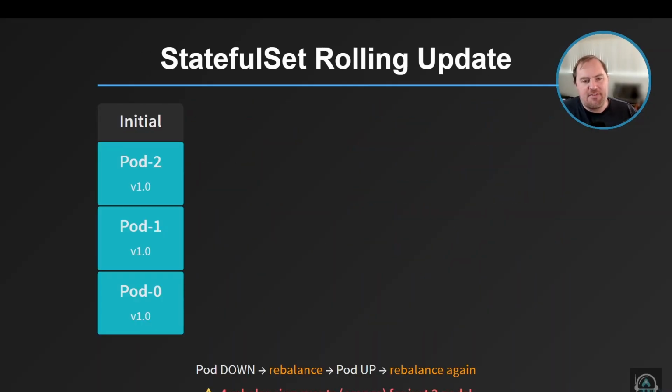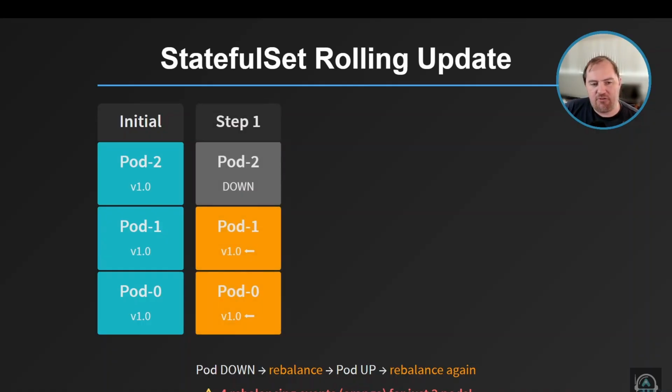So this is what a StatefulSet rolling update might look like. We're going to try to migrate all of these pods to the latest version of the application. So we have 3 pods running. What's going to end up happening when I update my StatefulSet to use a new Docker image container is that we're going to take one of the pods out of the cluster. So pod 2 is going to go down, and that's going to cause a rebalance when this happens.